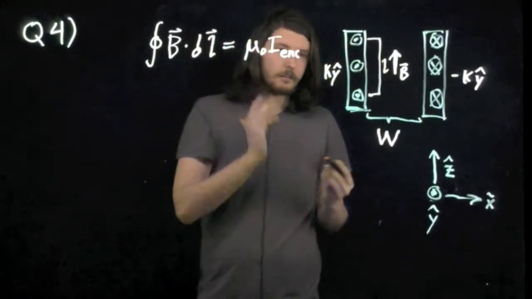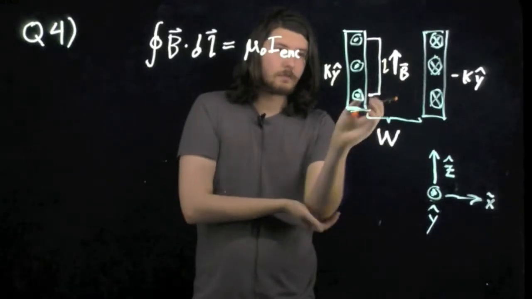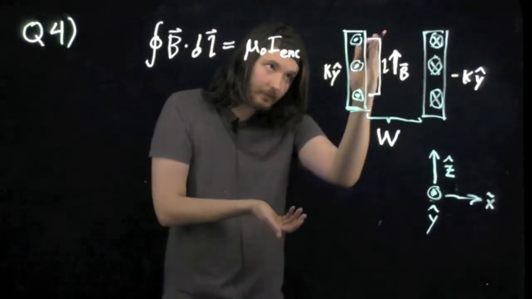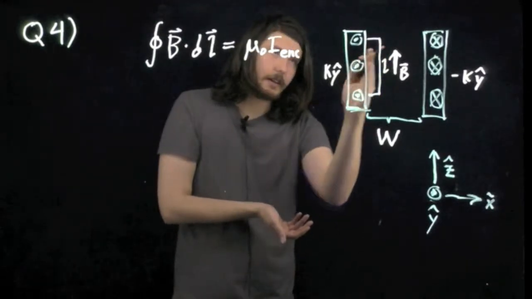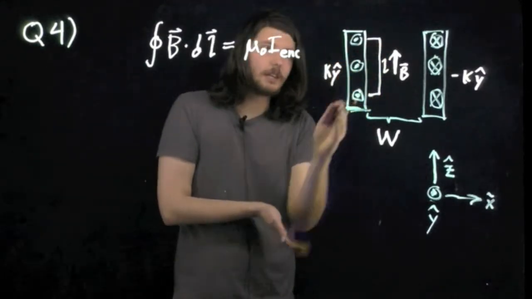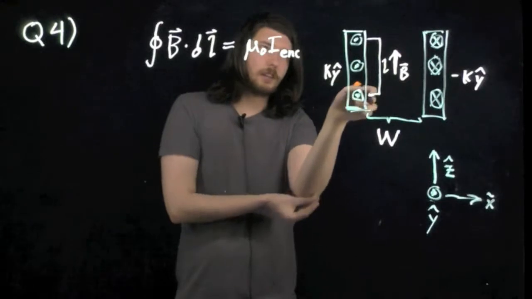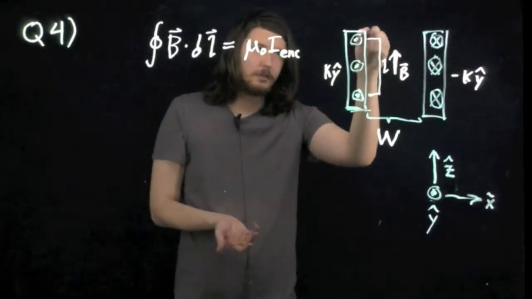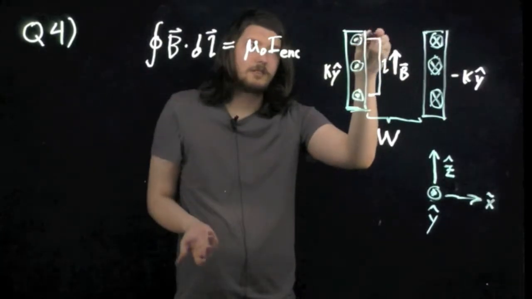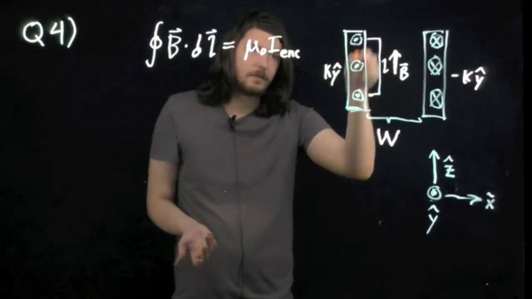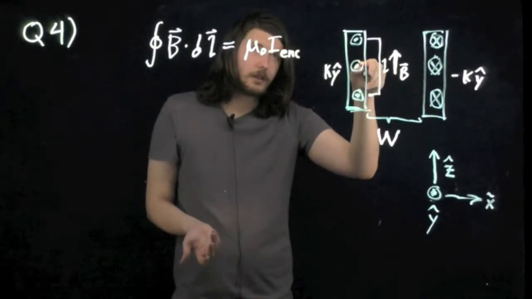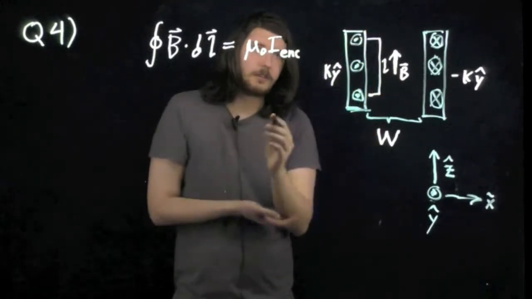From here we can see that L is collinear with B, and all the other components cancel, so the width of this loop doesn't really matter, because the flux entering from the bottom is equal and opposite to the flux from the top.